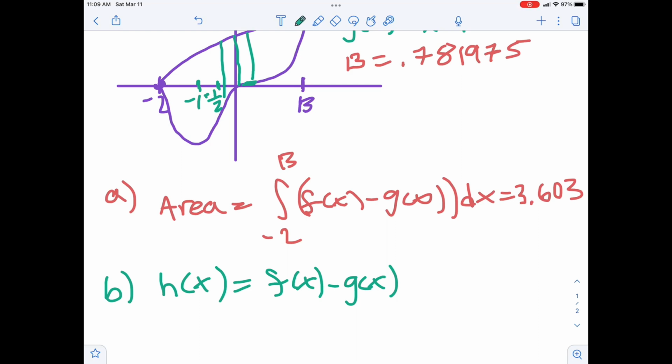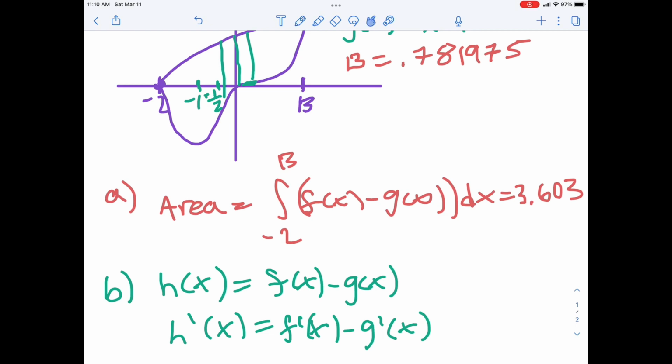To find if a function is increasing or decreasing, you take the derivative to find its slope. And this is a very easy derivative because it's just h prime of x equals f prime of x minus g prime of x. I know this almost seems too good to be true, but this is just your derivative. It is that easy.